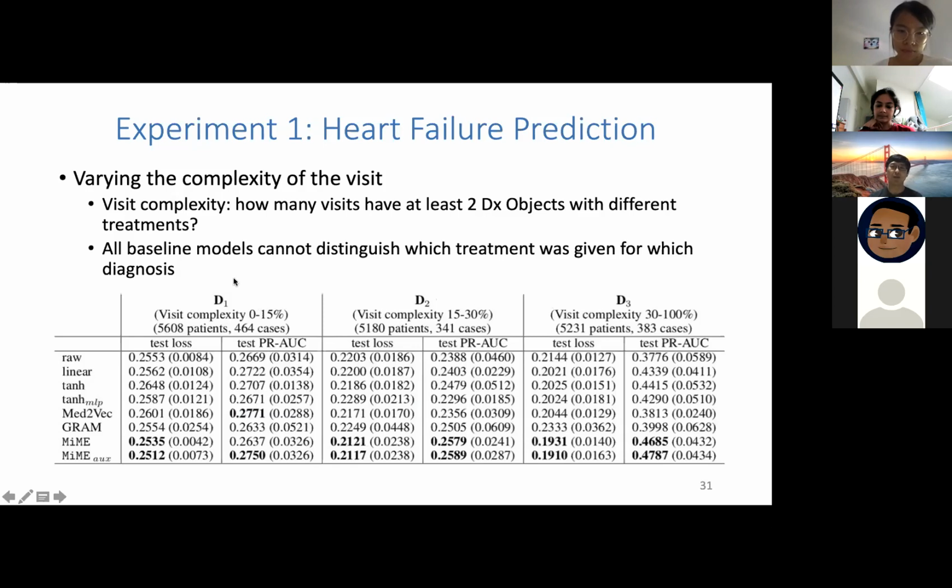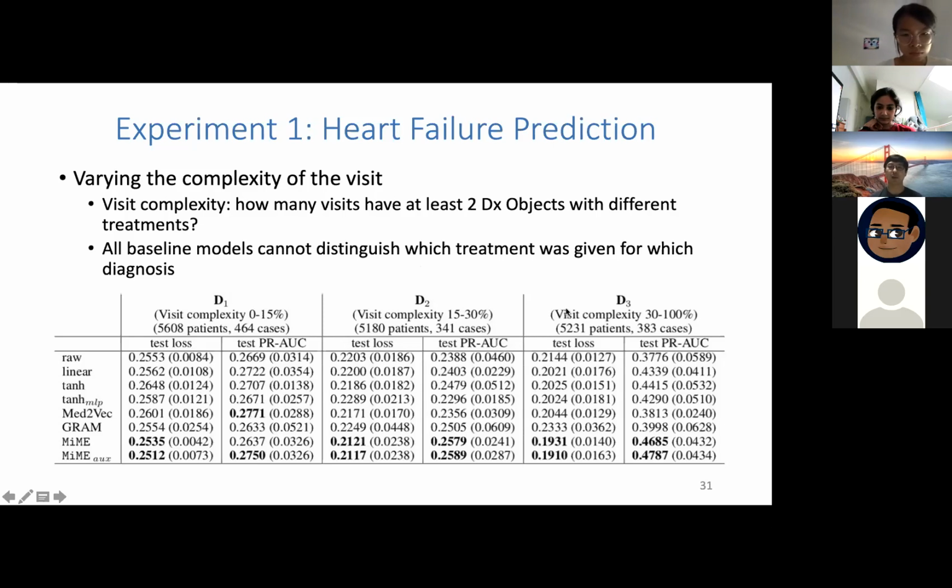D1, D2, D3 are three different groups with different visit complexity. When I say visit complexity, it just means how many diagnosis codes and treatment codes there are in a single visit. D1 is the least complex and D3 is the most complex. In the least complex group, the difference between MIME and all the other baselines is not very significant.